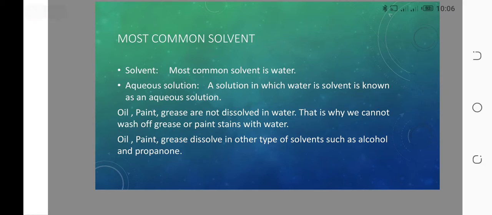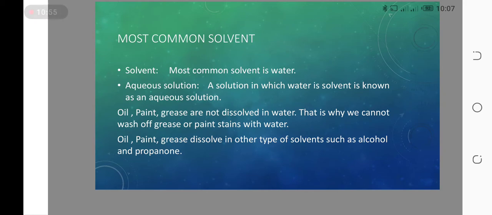Now we will take a type of solution in which the solvent is water. Such a solution is called an aqueous solution. An aqueous solution is a solution in which water is the solvent.